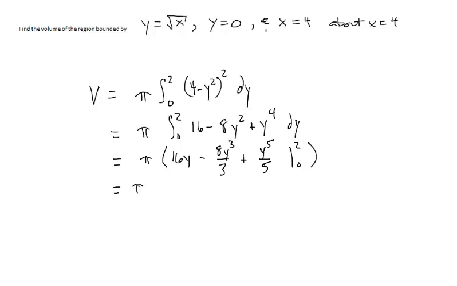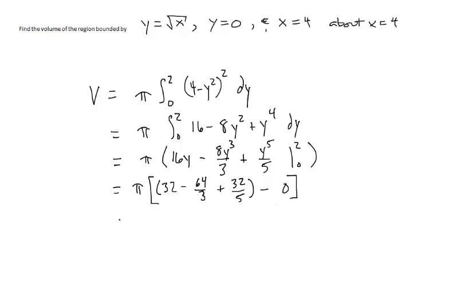And now I want to evaluate. So I have 16 times 2 gives me 32. 2 cubed is 8 times 8 is 64, so 64 thirds. 2 to the fifth is 32, so I have plus 32 over 5 minus, evaluating it at 0, and there's a y in the numerator in every one of these, so we're going to have 0.